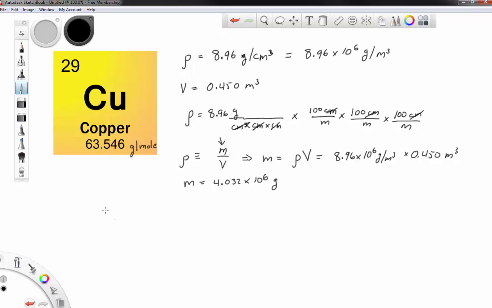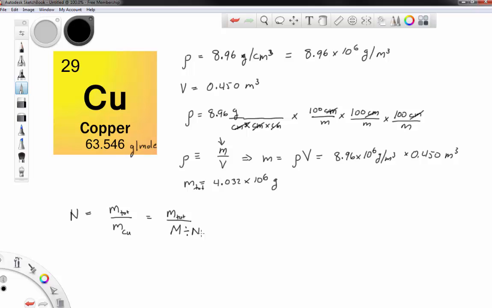So at this point, we have a mass of pure copper, and we just want to know how many atoms there are. So the way that we do that is basically that we say that the number of atoms is going to be equal to the total mass, which is what we just found here, divided by the mass of a single copper. And what that's going to be equal to is the total mass divided by basically the molar mass over the number of atoms in 1 mole.